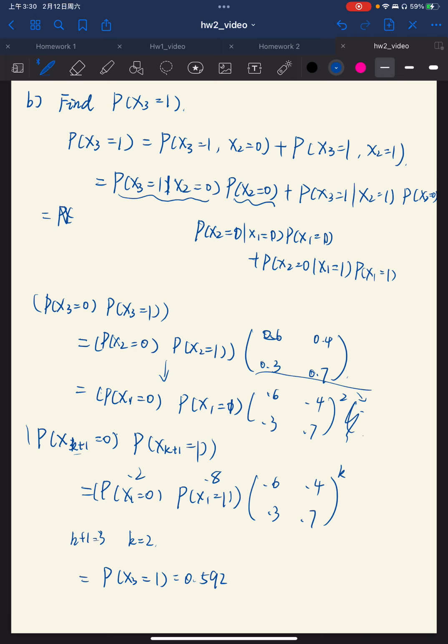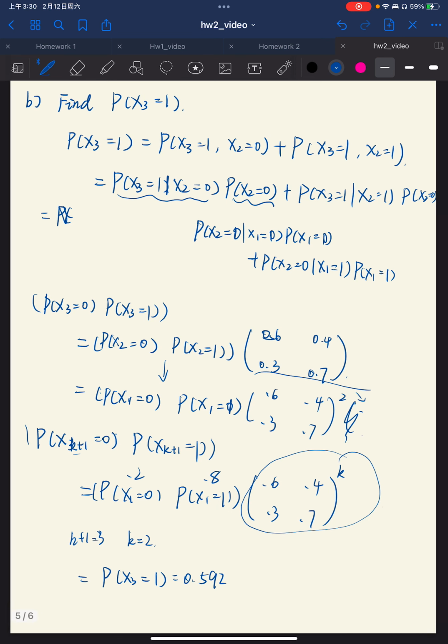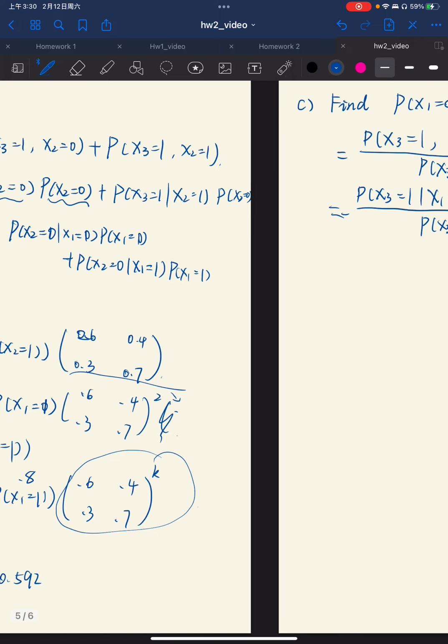So we previously have the general formula: the probability of xk equals 0 and xk equals 1 is equal to the probability of x1 equals 0, 1 times all the conditional probabilities, the matrix to the power of k.